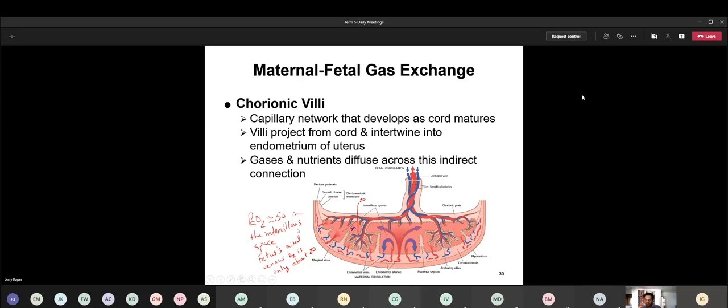And he's also going to need a lot of amino acids. So mom's got to ensure that she's taking her iron supplements if she's slightly anemic, and also the other prenatal vitamins, and also just eating enough to ensure that the fetus is getting everything that he needs.